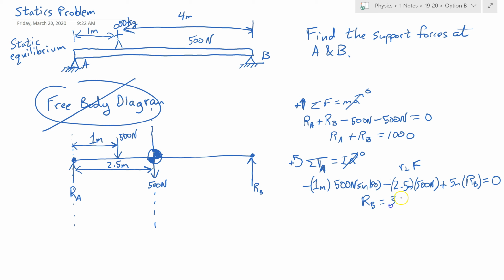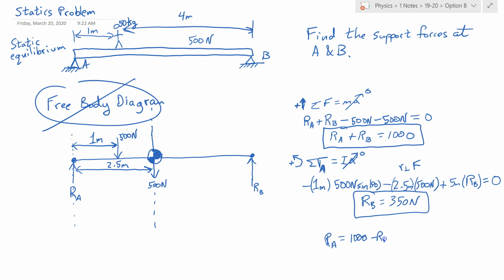RB equals 350 newtons. Now, there's different ways you could go back and figure out what RA is, but because I already used the old form of Newton's second law, I have a fast way of figuring out what RA is. RA will just be 1000 minus RB, because I already knew that.